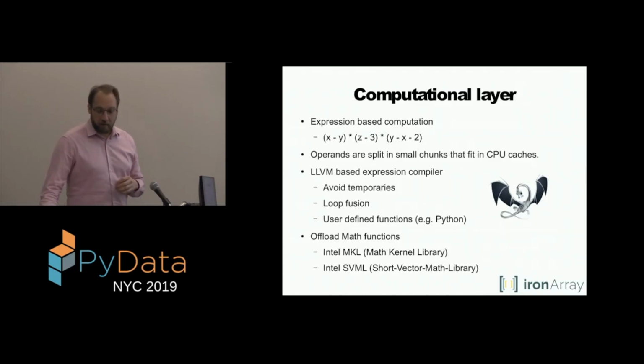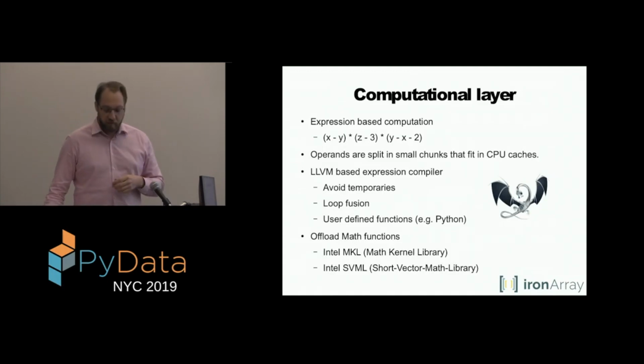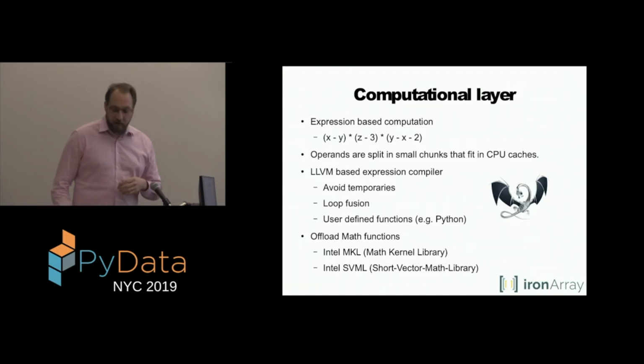One very nice feature is that a user can write a custom operator in Python that will then be compiled to LLVM IR, and in the end to machine code, that can then be applied together with the expression. Also, we will make use of the well-known Intel libraries for math functions that are also used, if you install the Conda editions, by NumPy and SciPy.